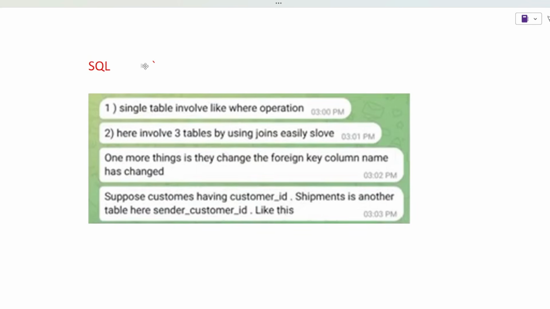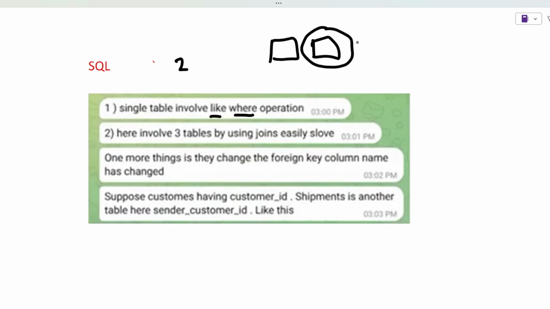Okay, so guys, first of all, let's discuss the SQL questions that were asked. You know that two SQL questions will be asked. The first SQL question had a single table and involved like and where operations. The first SQL question is easy. You are given multiple tables, but generally the query that you will have to write will involve only a single table.